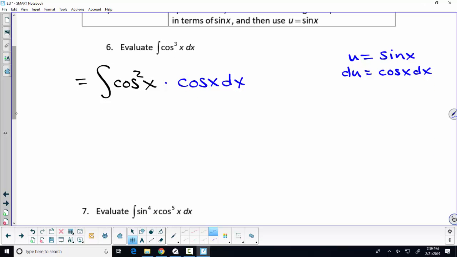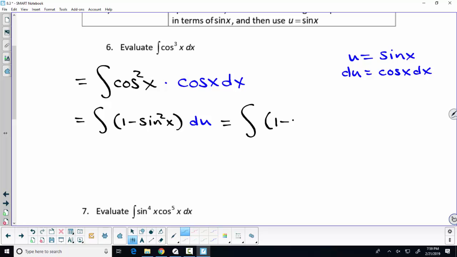We need cosine squared in terms of u, or in terms of sine x. We're going to rewrite cosine squared as 1 minus sine squared, which is... Do you have any questions about this?